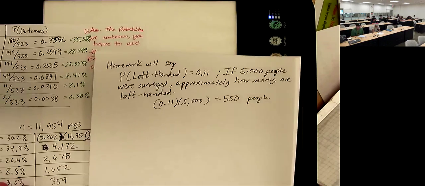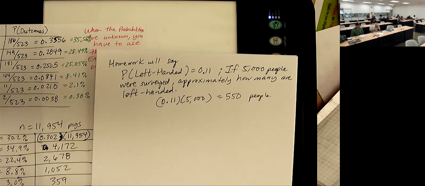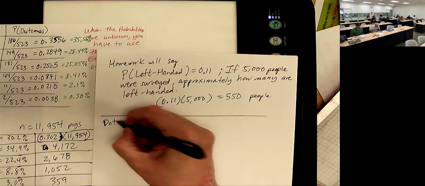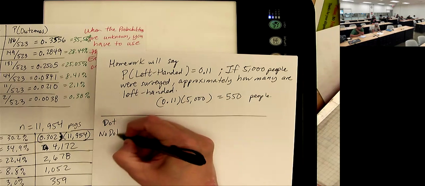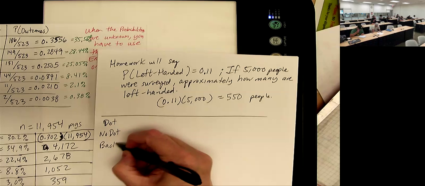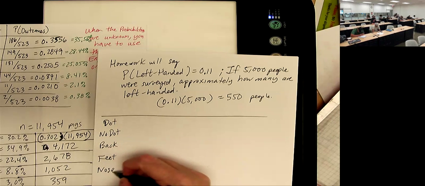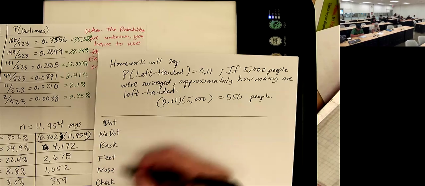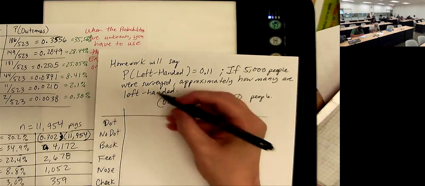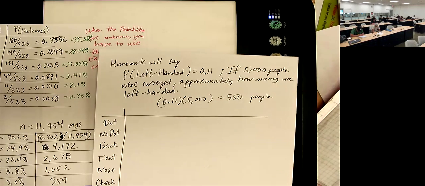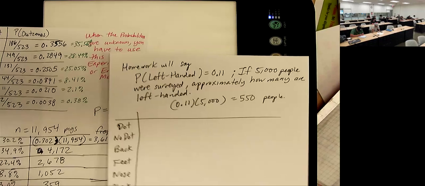What happens if we add our pigs to their pigs? Let's make a new table here. So we got dot, no dot, back, feet, nose, and cheek. And I'm gonna add up the totals of amount here.